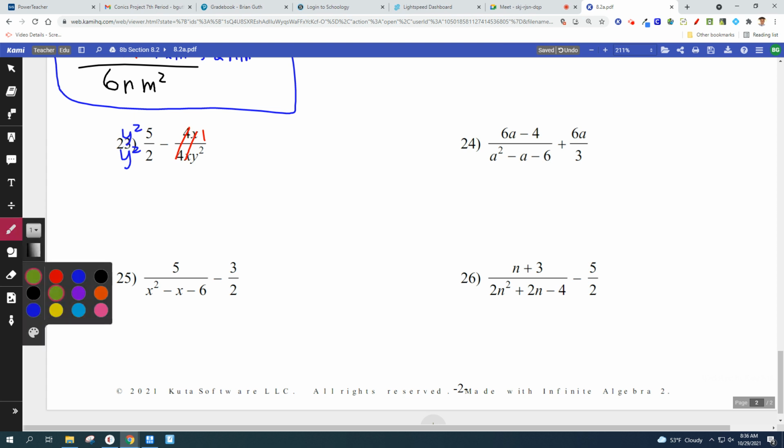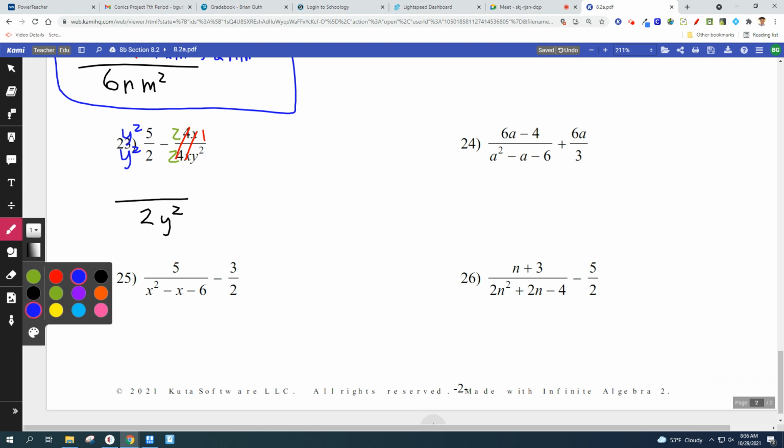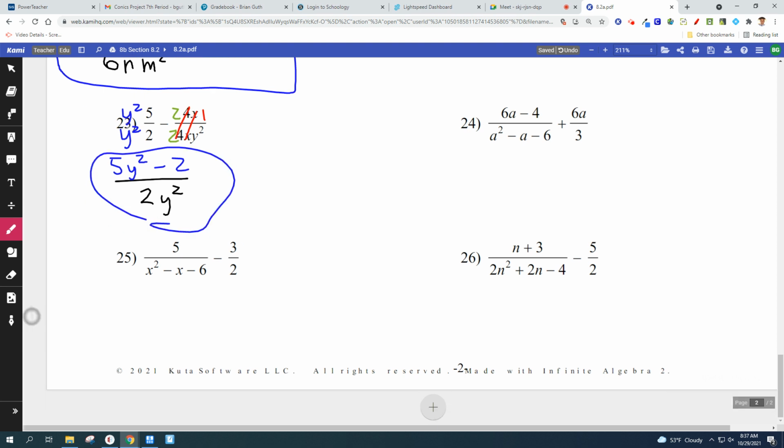A 2. Very good. So the denominator would be 2y squared. Up top, 5y squared minus 2. Nothing to reduce there. Done.